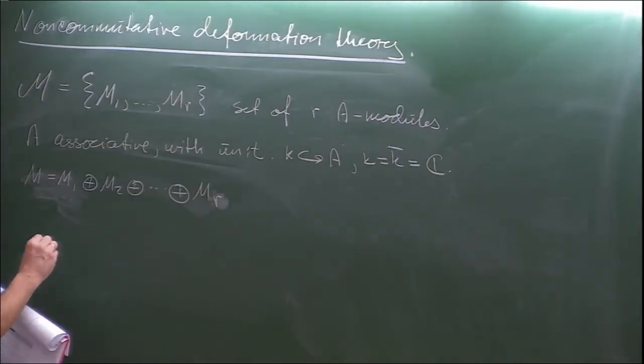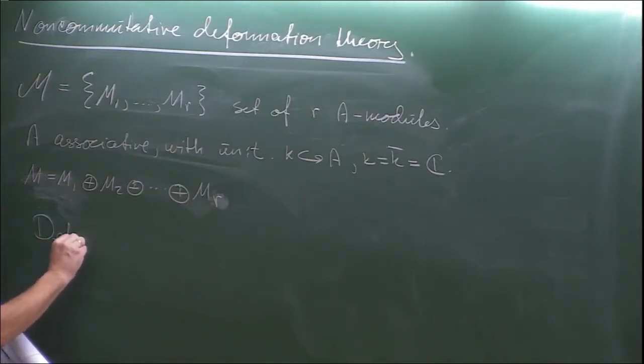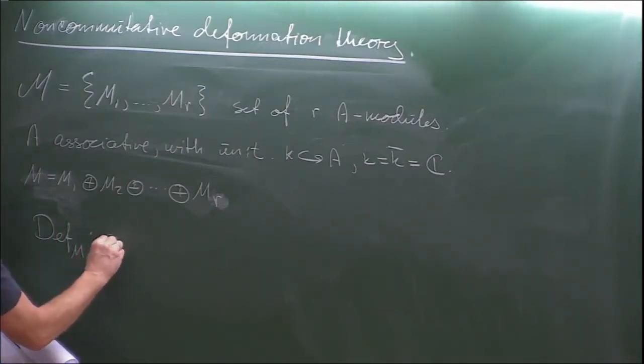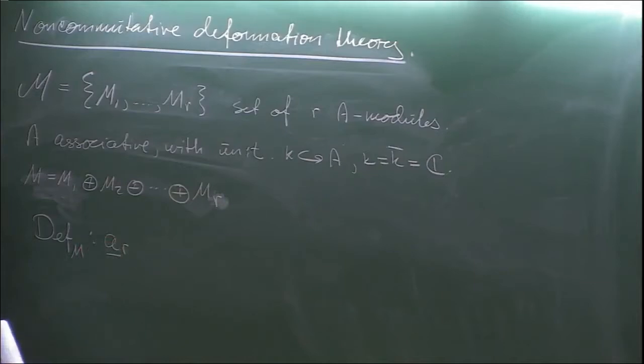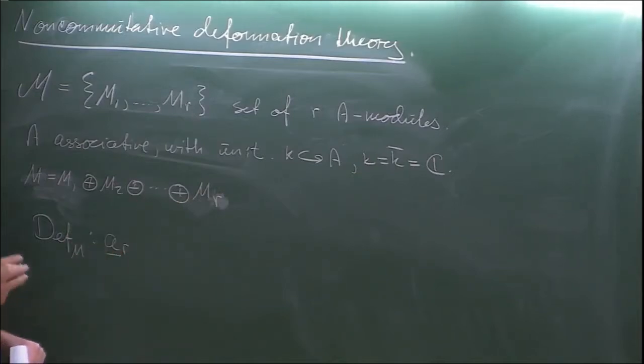Then I define the deformation functor, Def of M, which is now the sum of these modules. I could have used this script M also. Sometimes I do, I suspect. Def M from the category AR, r points. Each point was supposed to correspond to M_r.